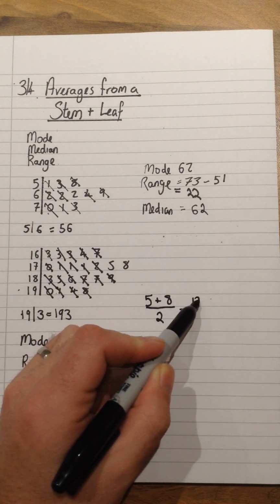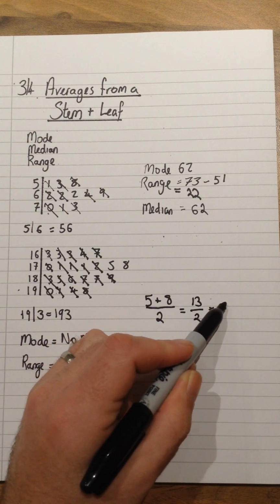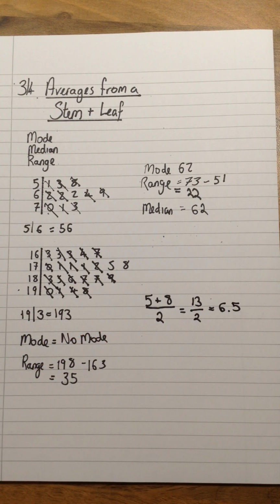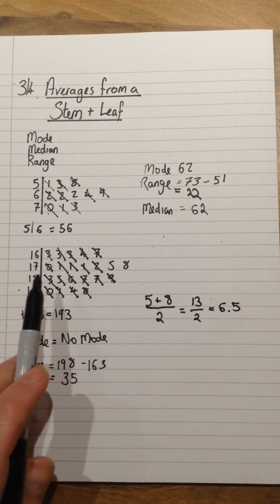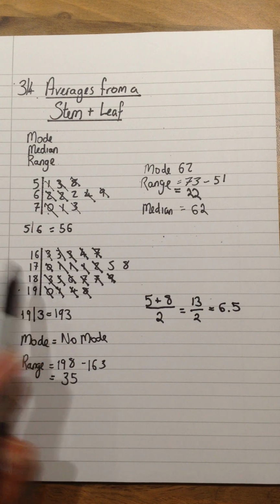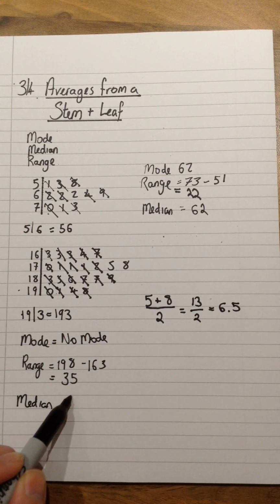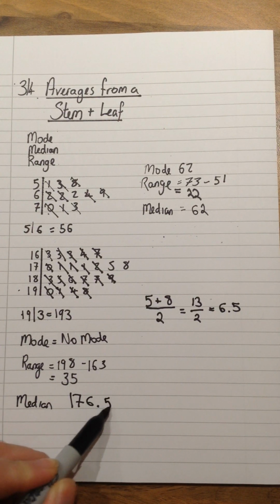So in this case, 13 divided by 2, use a calculator if you need to, is 6.5. But just remember, it is not 6.5 because that is on the 17 row. The median comes out as 176.5.